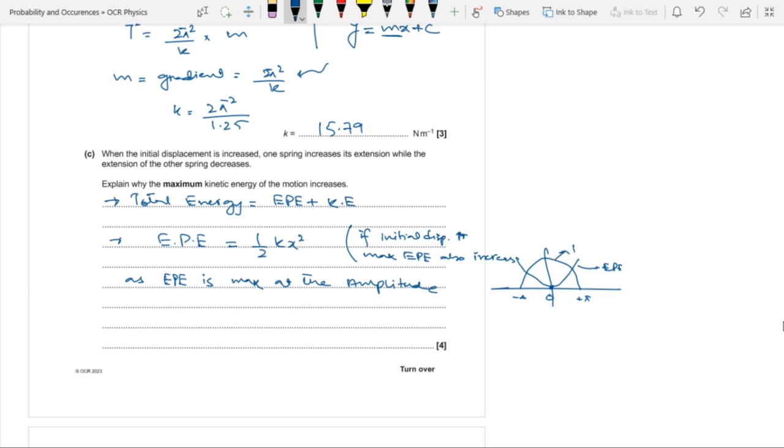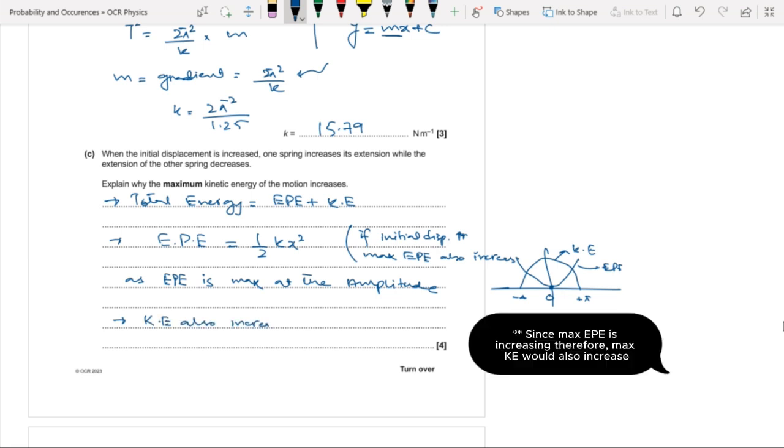So from there, and from also that the total energy is the sum of both things, we know that if the EPE is increasing, since the amplitude is increasing, therefore the KE also increases. Kinetic energy also increases as EPE max is increasing.